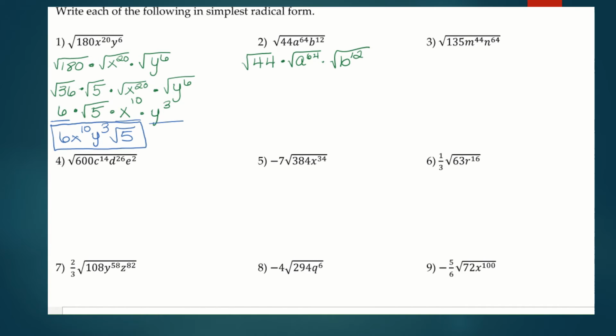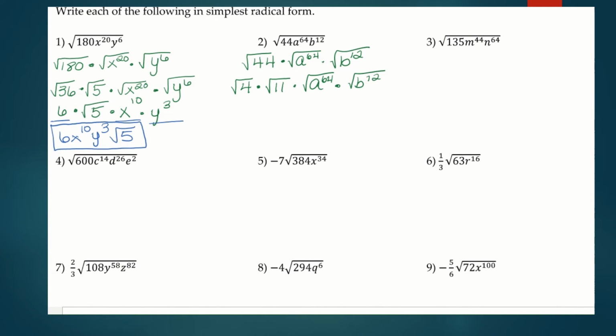So simplifying the square root of 44, 11 times 4 gives me 44. So 4 is going to be the largest perfect square that's a factor of 44 here. So I can rewrite this as the square root of 4 times the square root of 11, and then the square root of a to the 64th power, square root of b to the 12th.